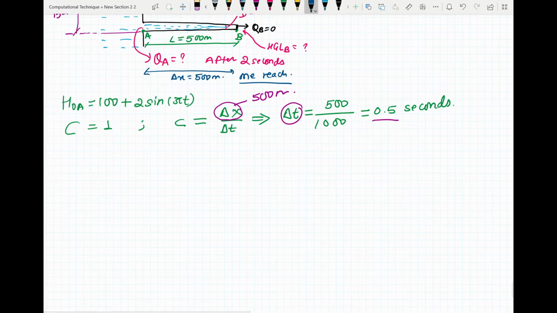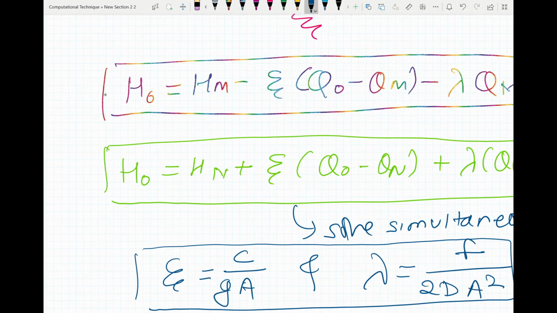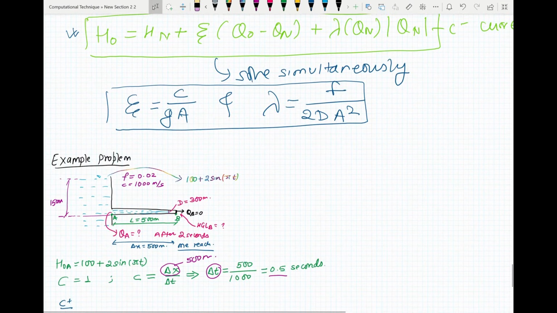Now for the C plus curve, we can look at this equation here, and for C minus curve we can look at this equation here and substitute the values.